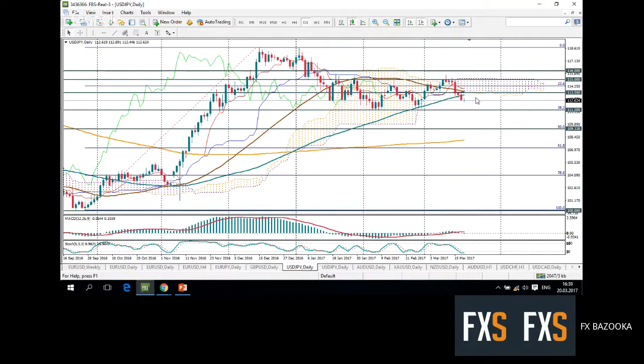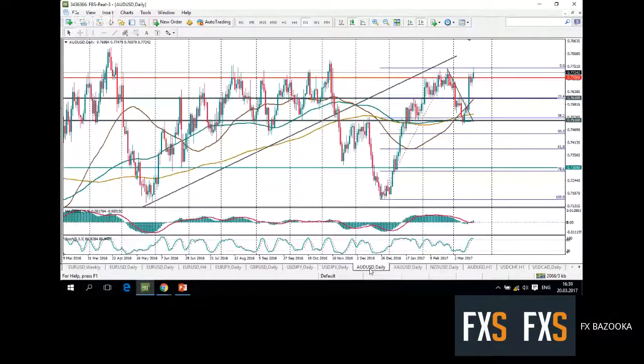And I think that this cloud, this line, this resistance will keep the pair under pressure. And below this resistance, we'll target the 111.50 mark. And probably we should talk a bit about some commodity currencies.